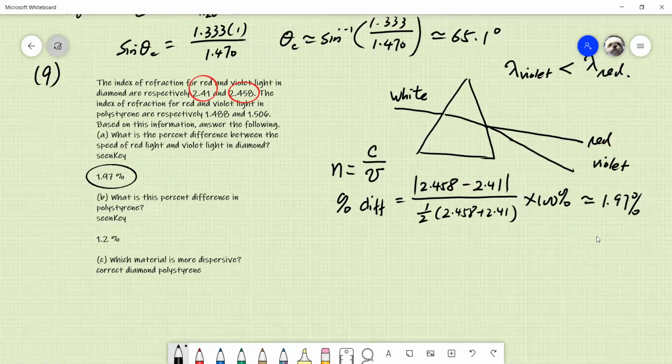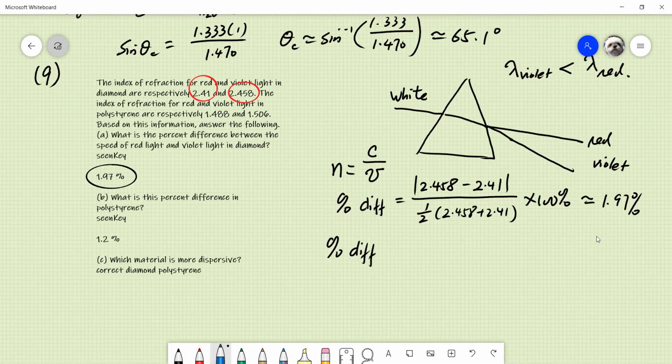Now then I'm gonna do the same thing for polystyrene, right? So I'm gonna compare these two. It's not really physics, it's just the percentage difference.